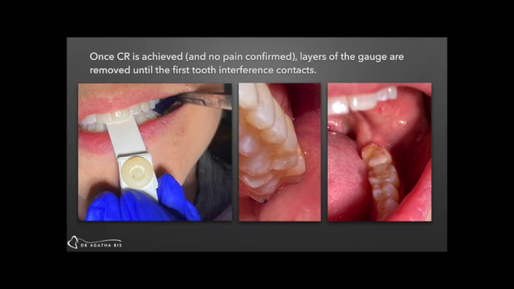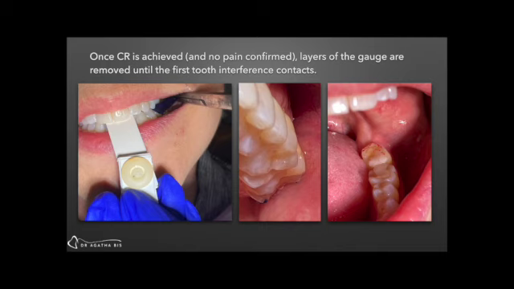And then when you go to place the crowns, you're not going to have enough occlusal space. These are the patients where, when you prep, all of a sudden you see the crown is the only thing touching, and you end up over reducing the crown to accommodate the bite.